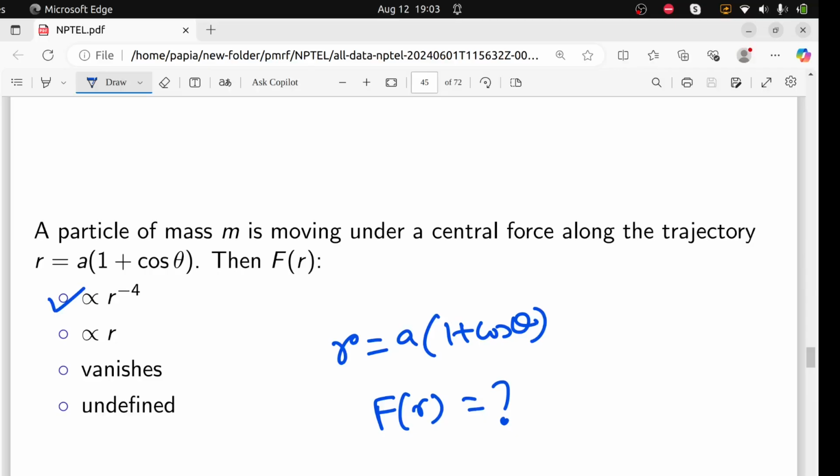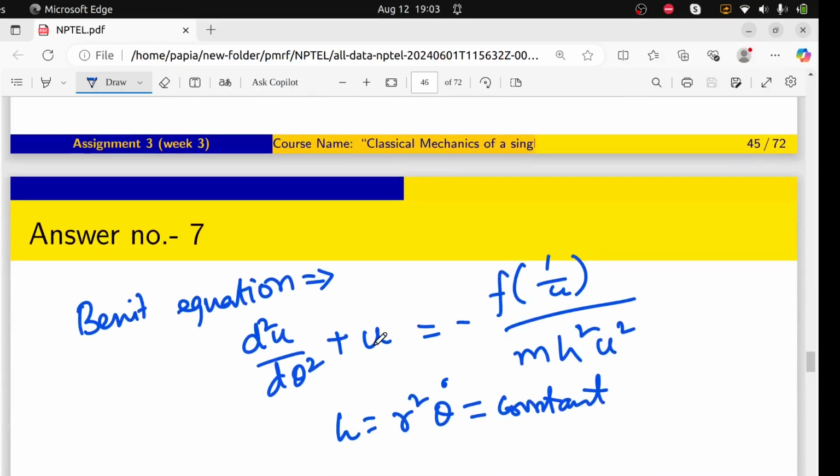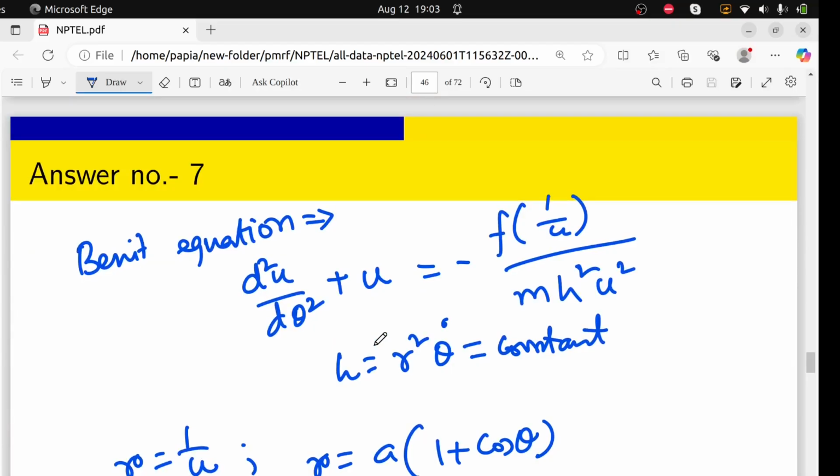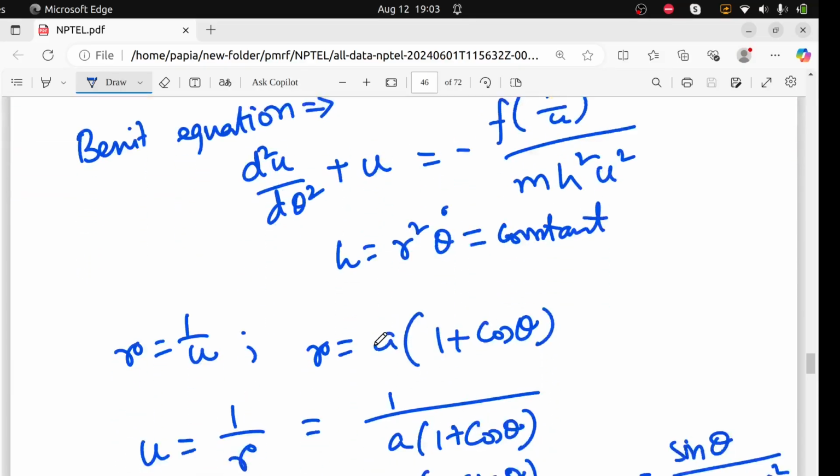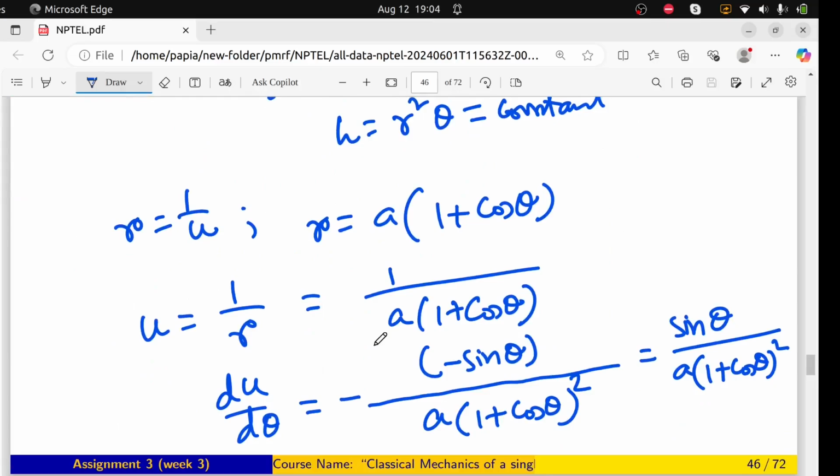So how did I do this? I just put r equals a(1 plus cos theta). Then I need the value of f(r). So our Binet equation says d2u by d theta 2 plus u equals minus f of 1 by u by m a square u square, where r square theta dot equals h, a constant. Then I just put u as 1 by r.